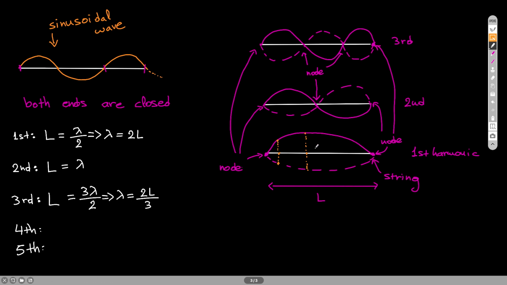And this is the process that you can use to continue drawing the fourth and the fifth harmonic. Now, I do want to mention at the end, in this case, I did the first few harmonics when both ends are closed. The harmonics will look different if I change this condition, and I will do that in a different video.